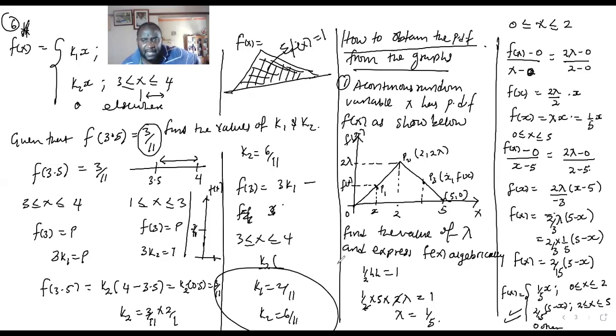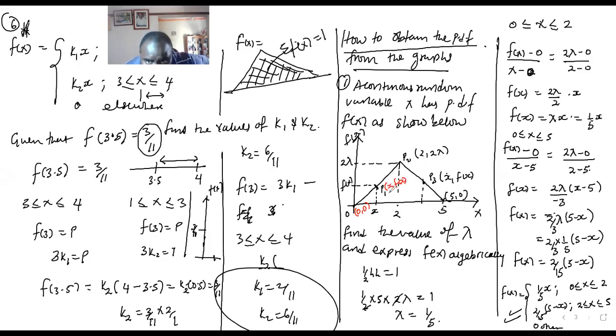Another hand? I saw another hand. Yeah, I'm not getting how you are getting the first gradient, f of x minus 0 out of x minus 0. Okay. Look here. I'm getting the gradient at the origin, which is 0, 0, and this point P, which is x, f of x.